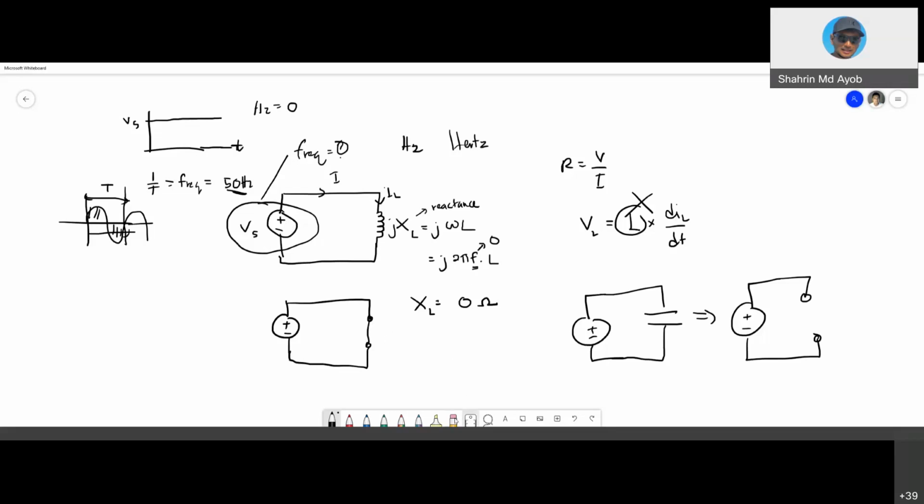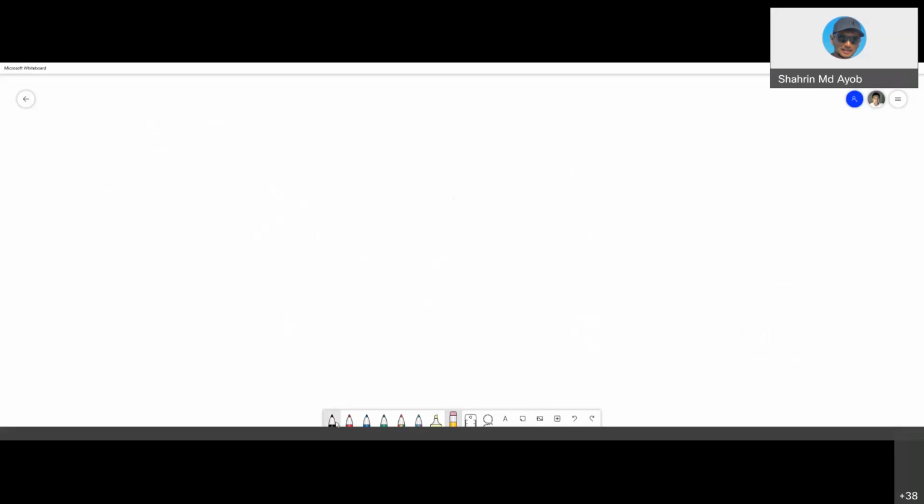Okay. So right now I want to relate this with superposition. If you have 15 volt DC, and you have a resistor, for example 10 ohm, and then you have an inductor, which is maybe 2 Henry.